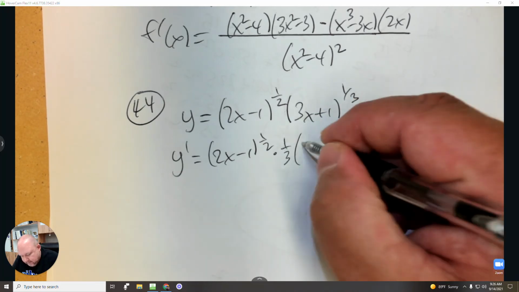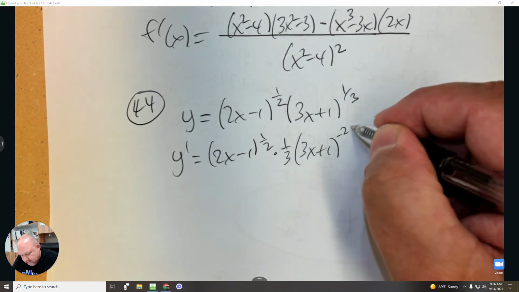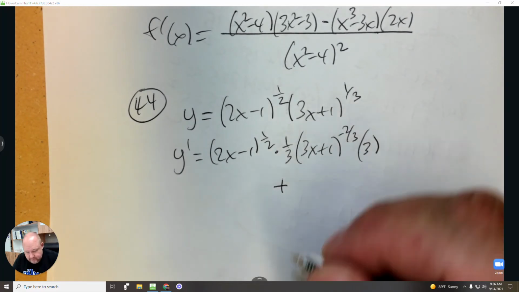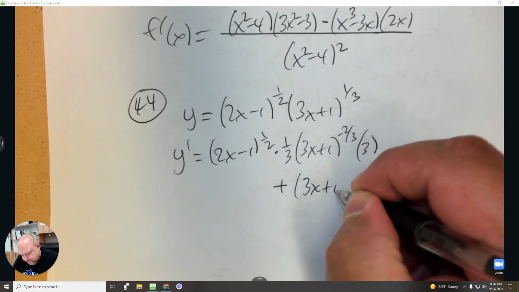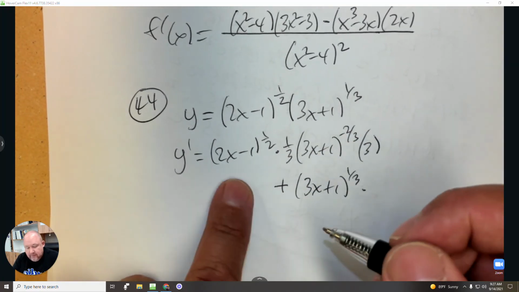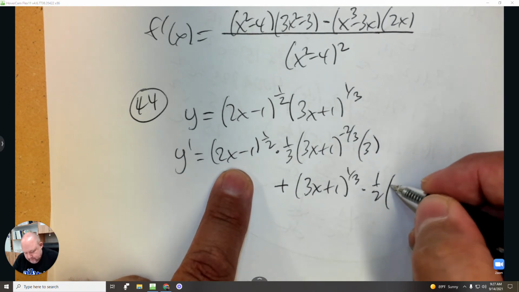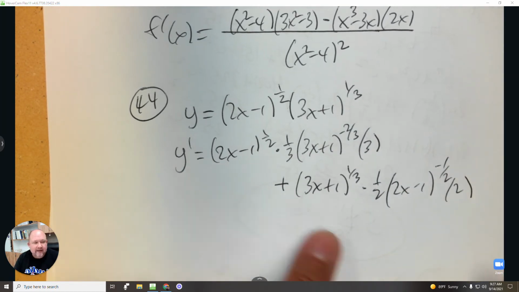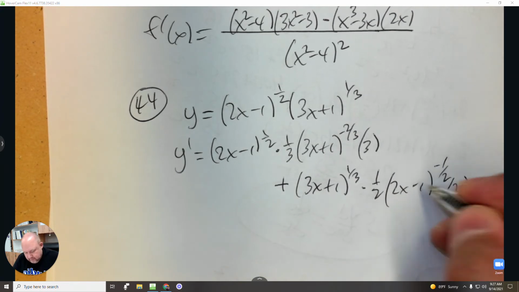That's 1/3 (3x plus 1) to the negative 2/3, with a little hook, plus the second times the derivative of the first, and then don't forget the hook 2 at the end, the derivative of 2x subtract 1.